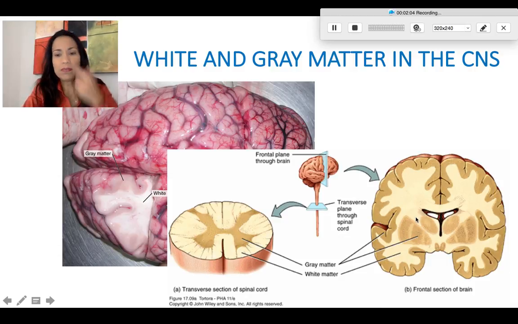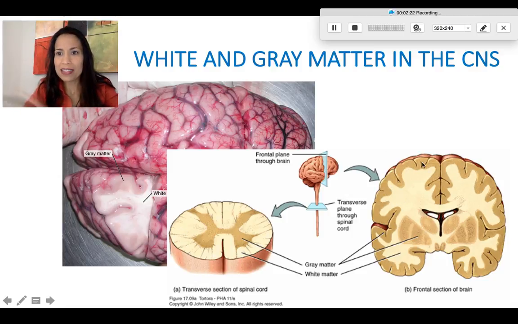This is an image, an illustration showing you the gray and the white matter in both the cerebrum, or the brain, and the spinal cord, the two organs of the central nervous system. Now, let's look at the cerebrum first.